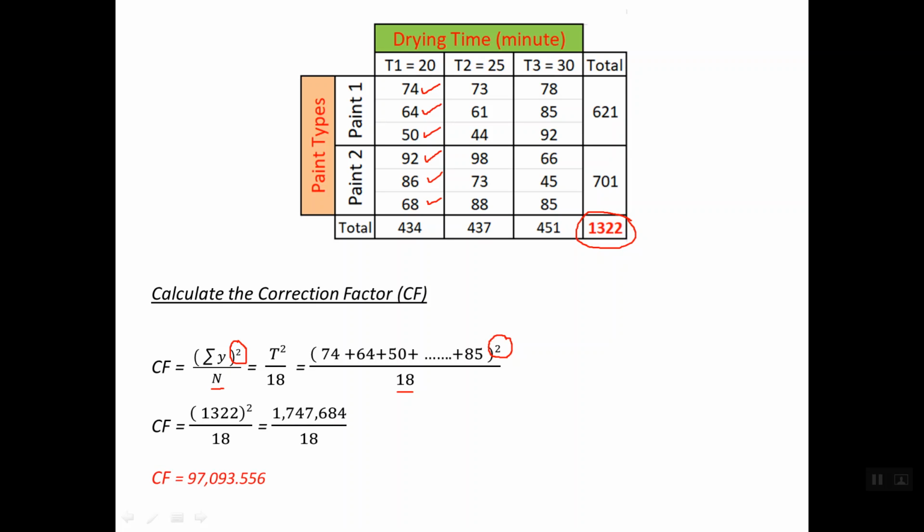If you proceed, you will get the correction factor to be 97,093.556. So in order to calculate the correction factor, you need to get the total of the observations, square this value, then divide it by the total number of observations.